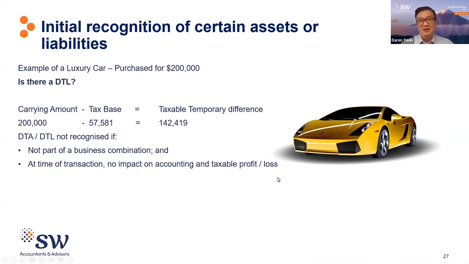The answer is no, because it's a balance sheet entry, so I tick that. So the initial recognition exception applies. Although you have a taxable temporary difference, you do not need to recognize a deferred tax liability on it. However, in your financial statements, you do need to disclose all your temporary differences for which you do not recognize a deferred tax balance.